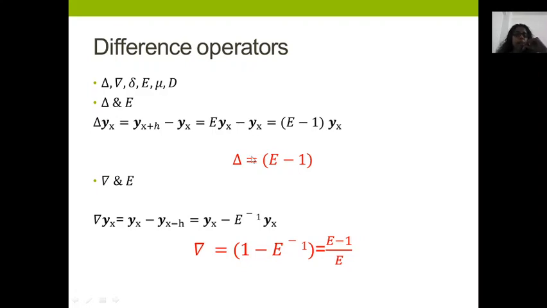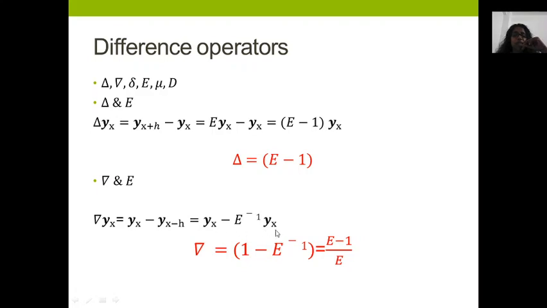This equation is very, very important for doing the problems or for the next topics of your study. Similarly, how the backward difference and the shift operator are related: you write the backward difference relation for y x, which is y x minus y of x minus h. What is f of x minus h? It is the back value of y x, since it is minus. So that is E raised to minus 1 y of x.